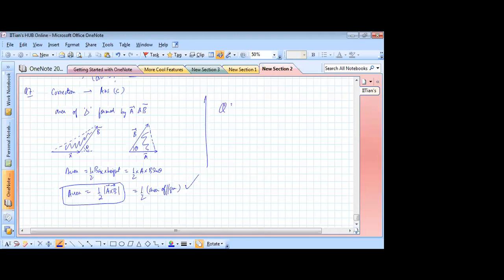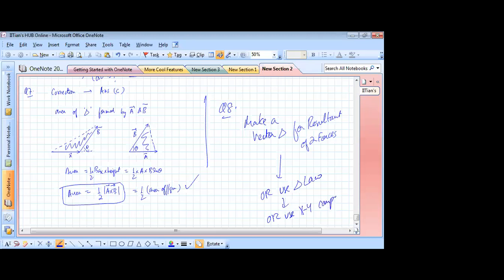So question 8, make a vector triangle for resultant of the two forces given, or you can use triangle law, or you can use components, or use xy components, because it's just two vectors you're adding, so you can just use two-dimensional components. You get the answer.